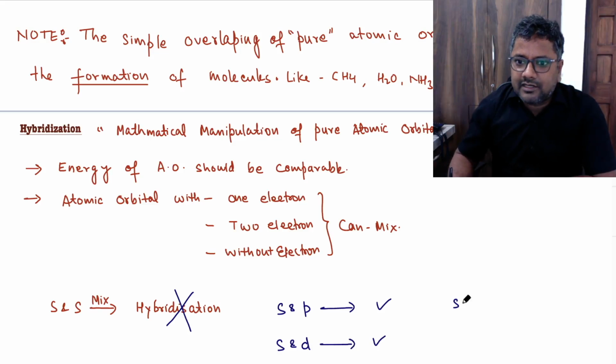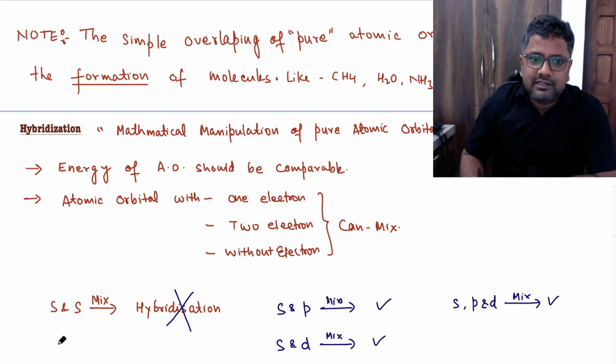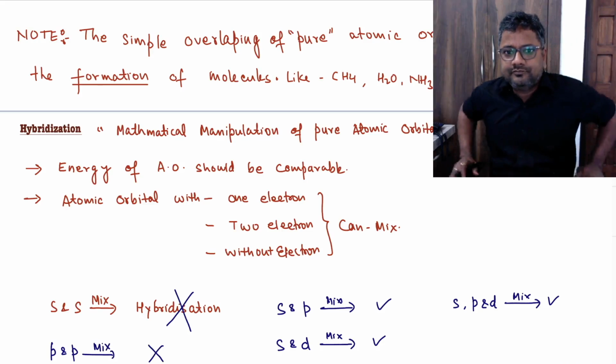Mixing of S, P and D could be considered as hybridization. But mixing of S into S, and P into P, this is not hybridization, right?